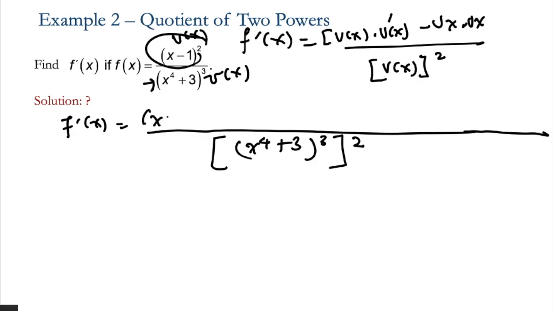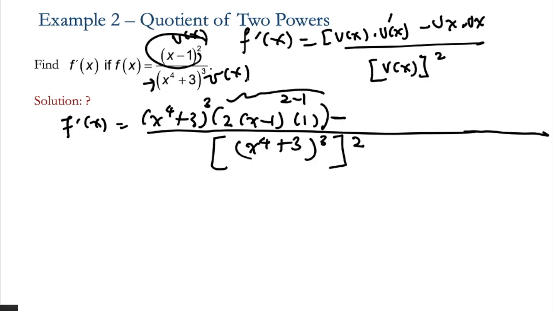So here we have (x to the power of 4 plus 3) cubed, but we differentiate this, it becomes 2 and then (x minus 1), and then this one becomes power 1 because 2 minus 1, and then you differentiate the one inside, becomes 1, isn't it? Okay, and then write minus. So what we have done here is that we use the power rule, because this one is a power when you want to differentiate it.